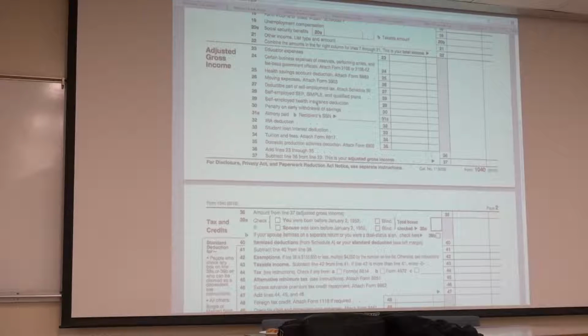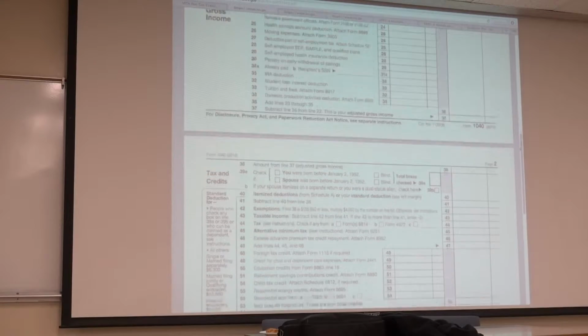I think they should have a form that they send you, so you should be able to report it on some line there. Not much else going on in your AGI. Did you guys have any questions on AGI?